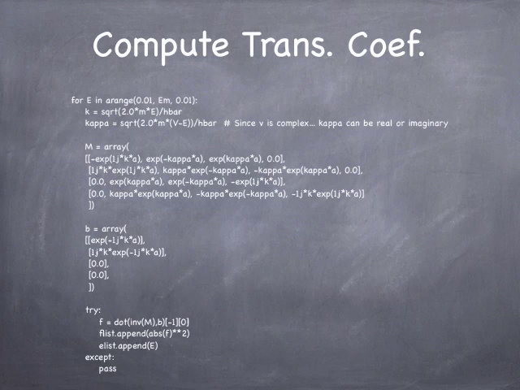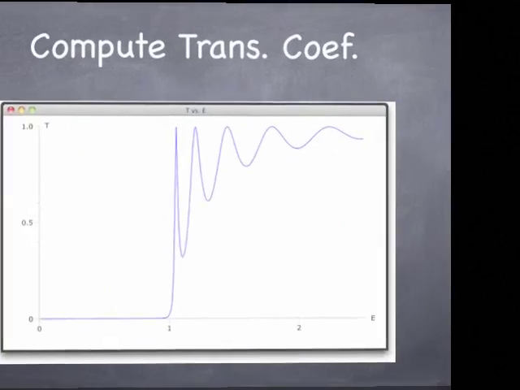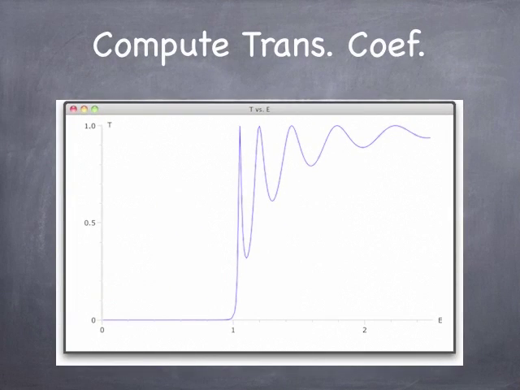In this case, I was plucking out the transmission coefficient and calculating its magnitude squared, and then making a list of the transmission coefficient as a function of energy, and out comes a graph. It looks just like the graph from Griffiths. It's the transmission coefficient, the transmission probability, as a function of energy.